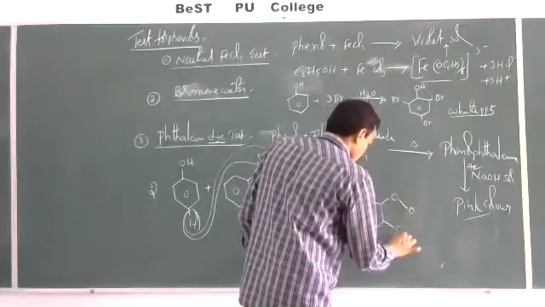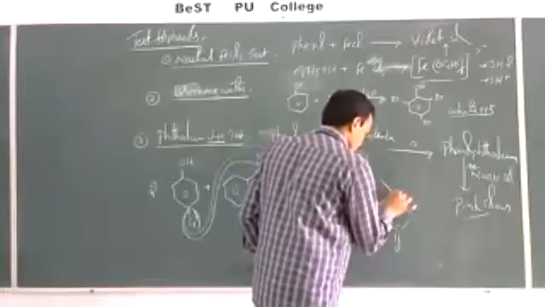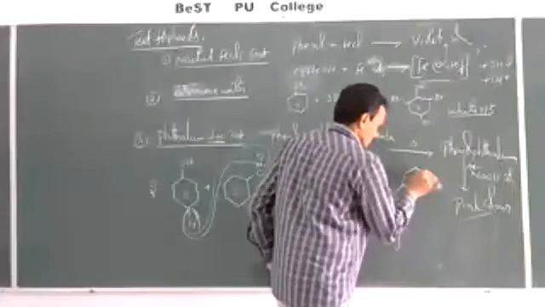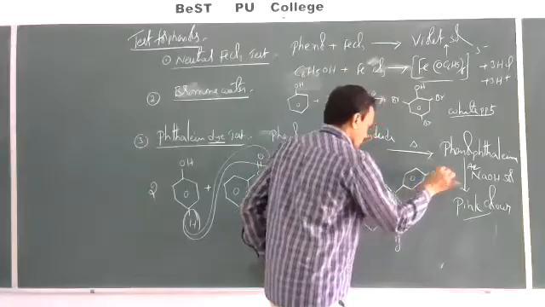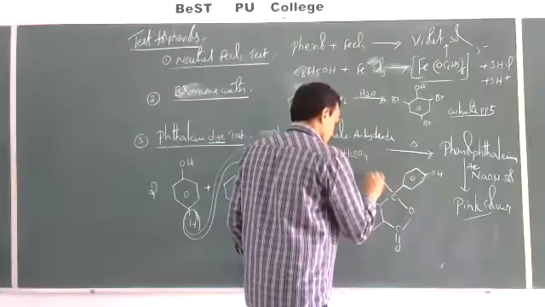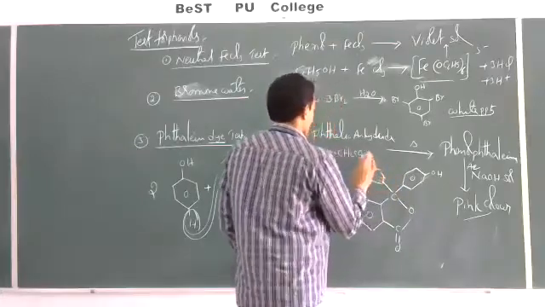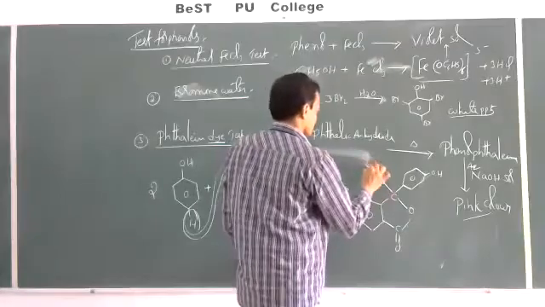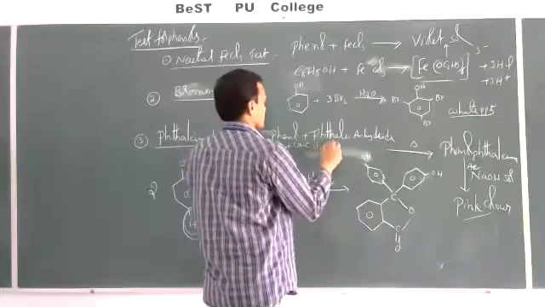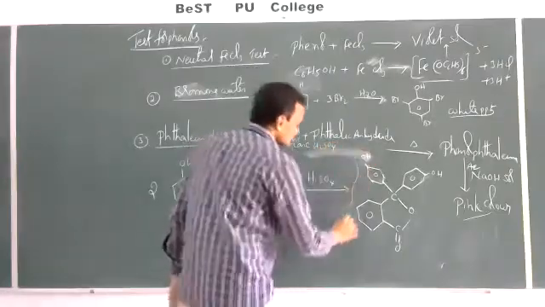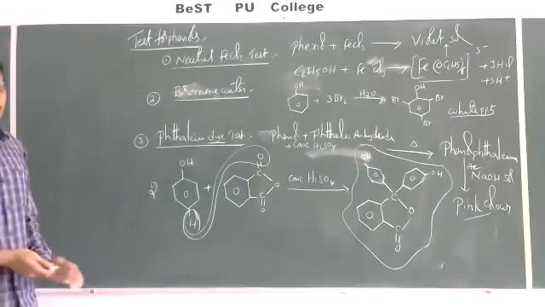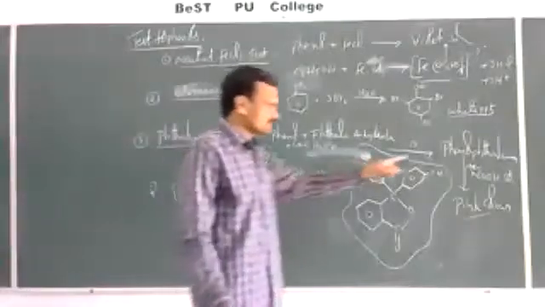CO, OH. Same here also a benzene ring. OH. This compound, what is formed here, is the structure of phenolphthalein.